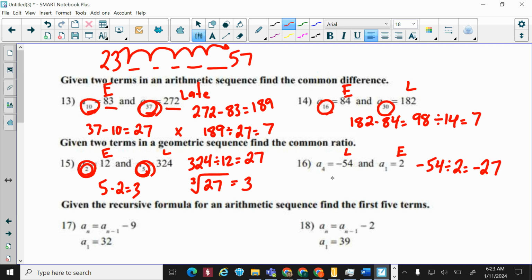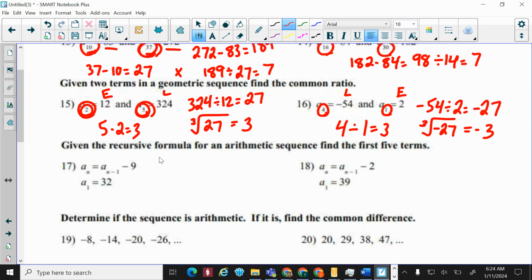This is your fourth term, and this is your first term. There are 3 spaces in between, so 4 minus 1 is 3. The third root of negative 27 gives you negative 3. So you are multiplying by negative 3 every single time on the geometric sequence.